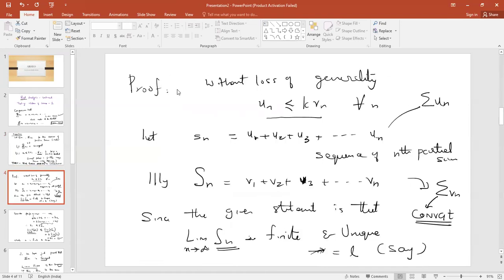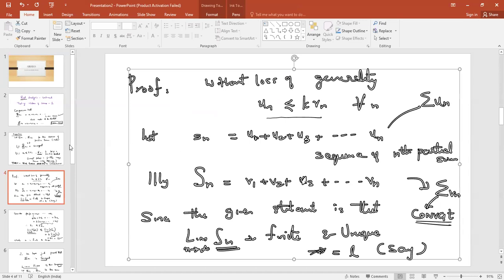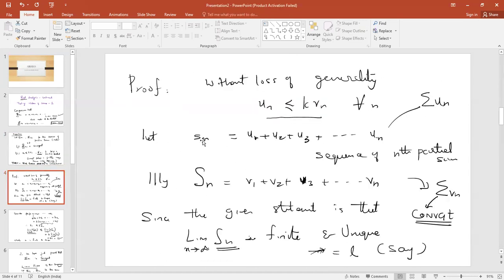Proof. Without loss of generality, we will assume that for all n, un is less than or equal to k vn, and we are given that v1 plus v2 plus v3 and so on, the infinite series, is convergent. Let small sn be u1 plus u2 plus u3 up to un, which we have defined as the sequence of nth partial sums.